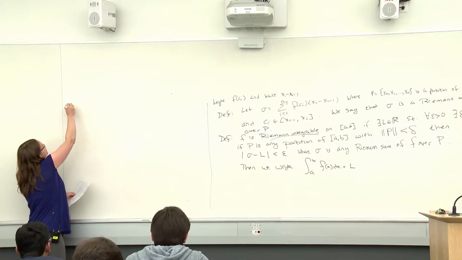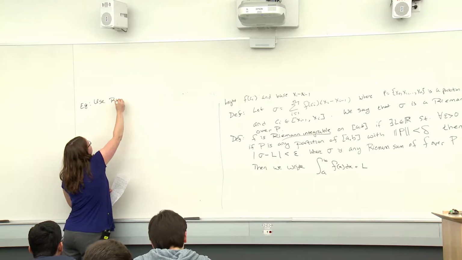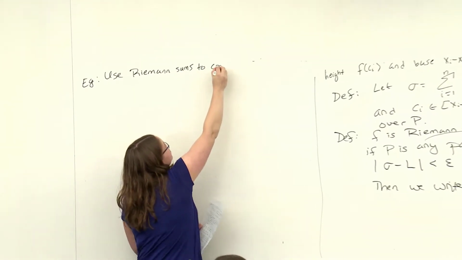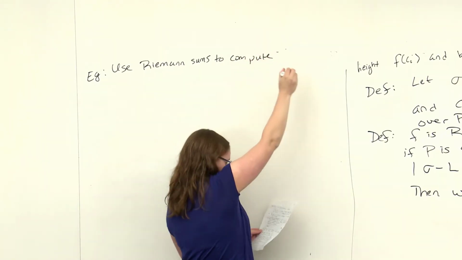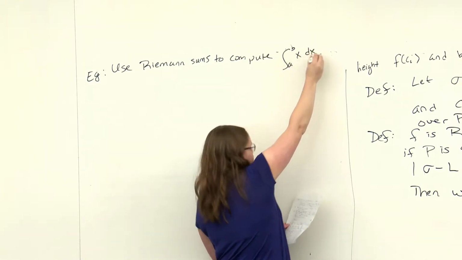Okay, so here's an example. Let's use Riemann sums to compute this integral, the integral from a to b of x dx.